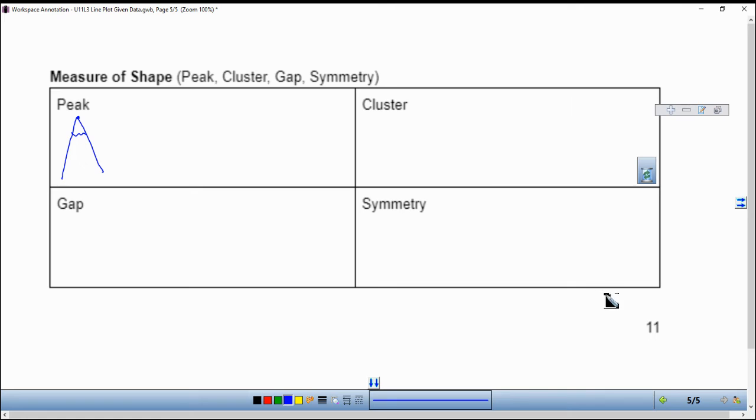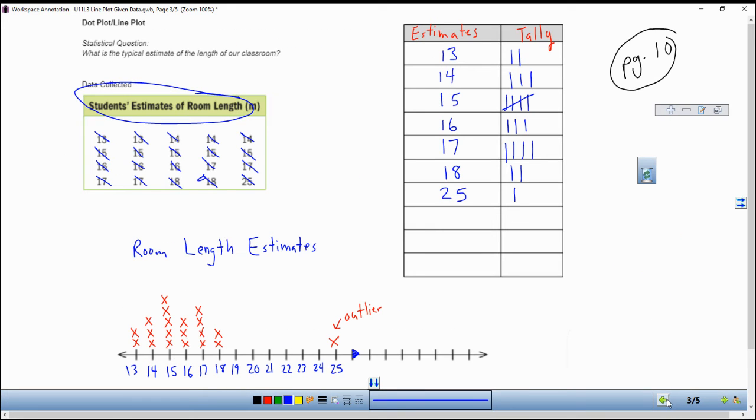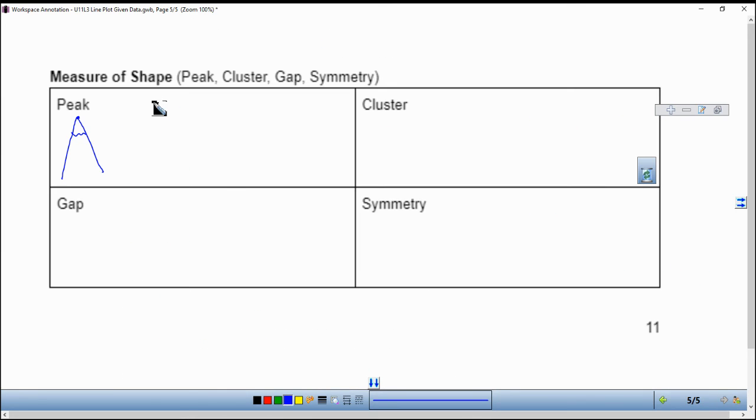Very top of the mountain. Kind of looks like a pencil in a way. All right, so then we're going to look for the very top of the line plot. It's going to be at 15. So 15 is the peak. Peak is 15. Well, I'll just put 15, actually.